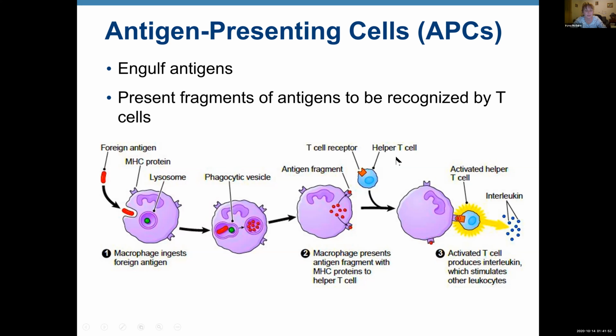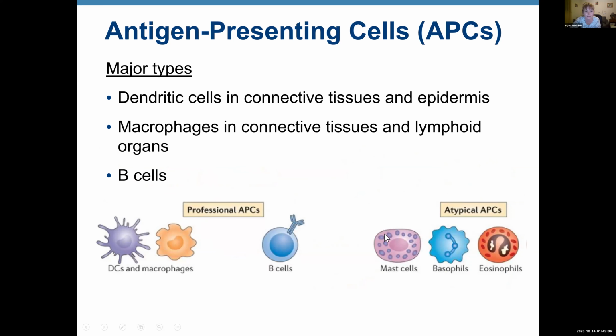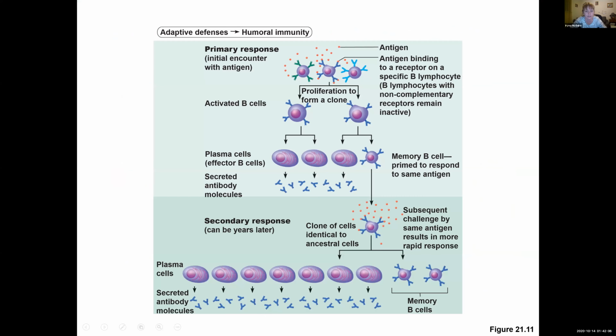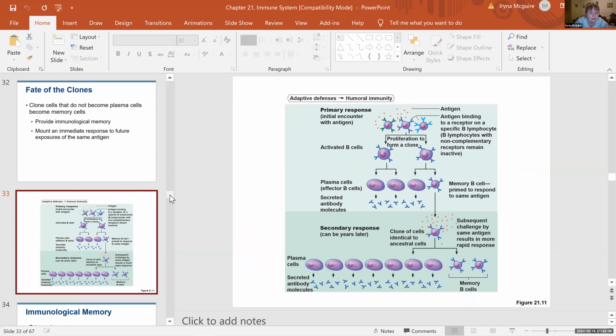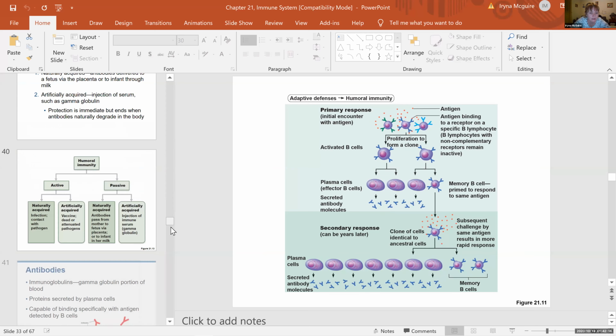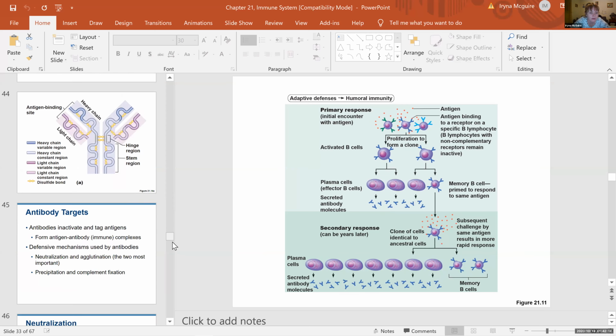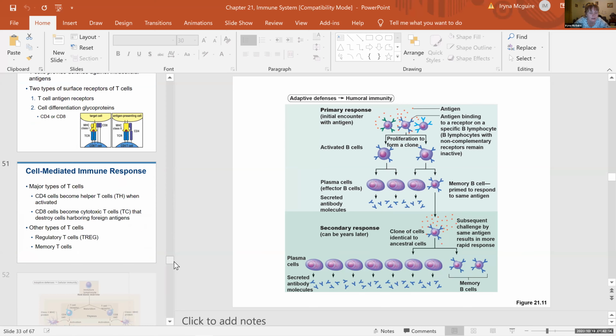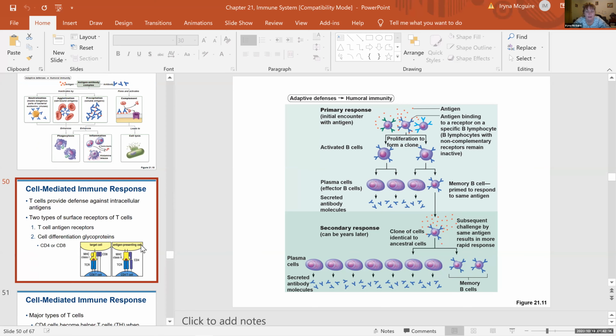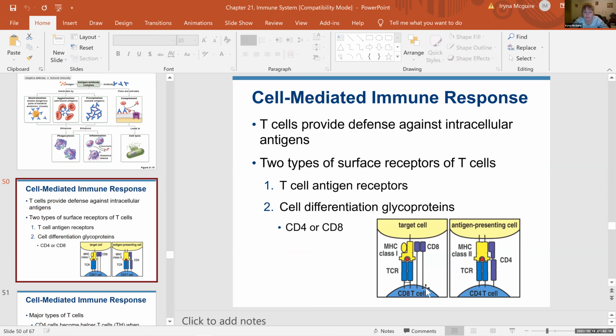Now helper T cells have a T cell receptor and other special receptors that recognize the shape. I think we're going to look over here. Okay, so it's somewhere way down, but here are the T cells.